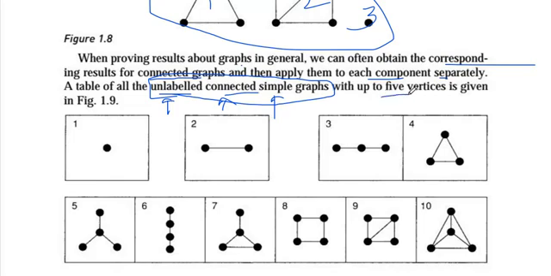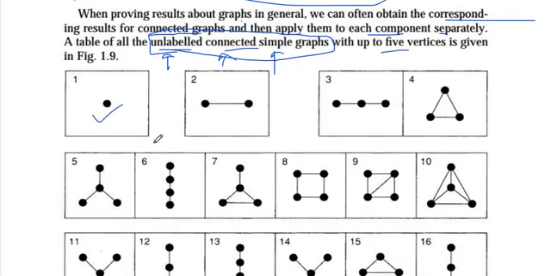So how many graphs can we draw for 5 vertices under these conditions? It should be unlabeled, connected, and a simple graph, with no multiple edges and loops. For one vertex we can make it like this, and for 2 vertices like this.